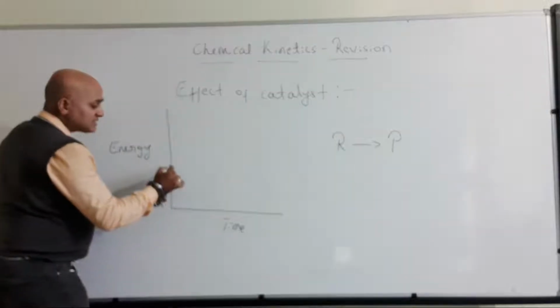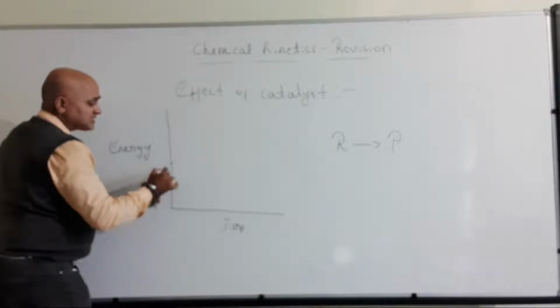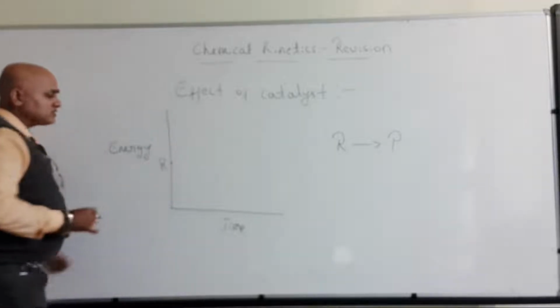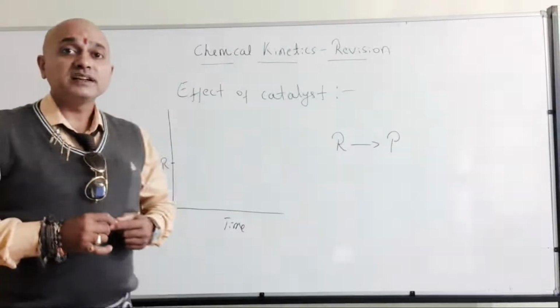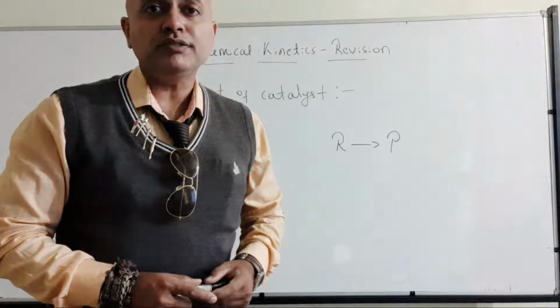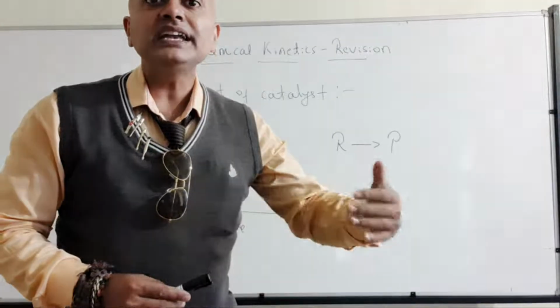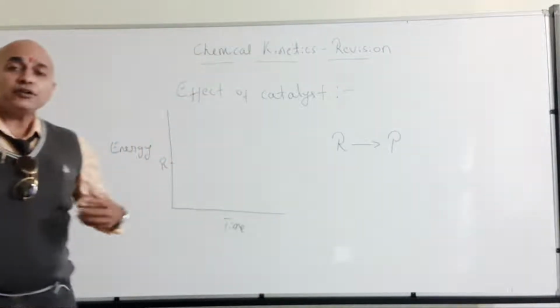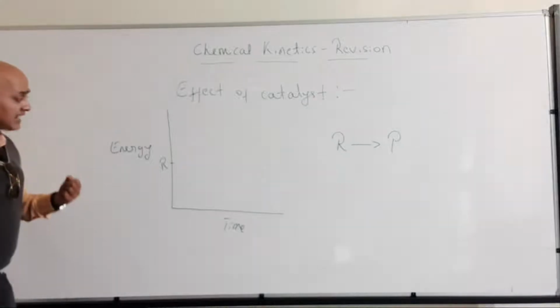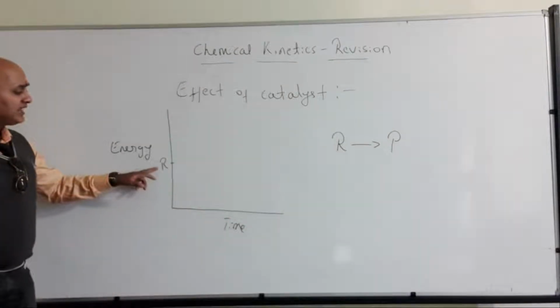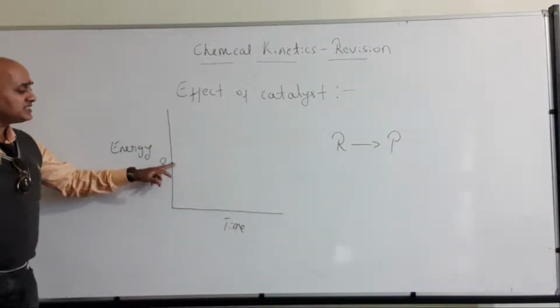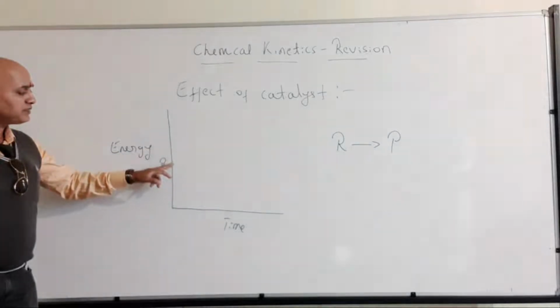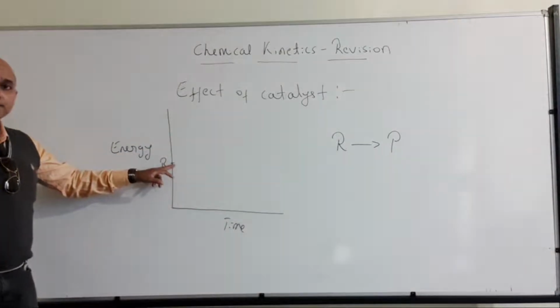Now, if I consider the reactant, its energy is somewhere here, because all of us know that each and every molecule has its own internal energy. So with that concept, the reactant's energy is located somewhere on this particular line, here.